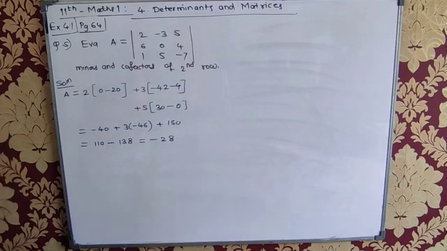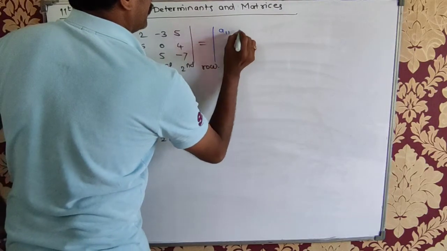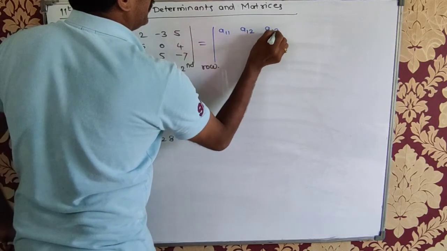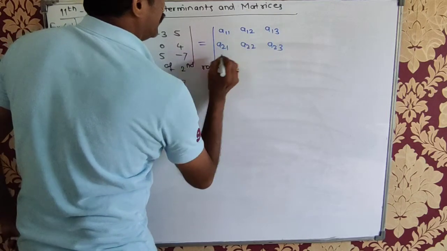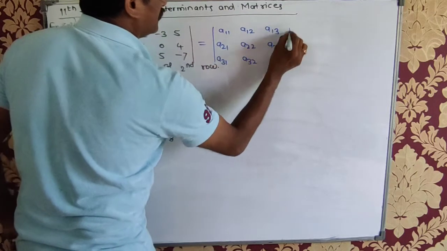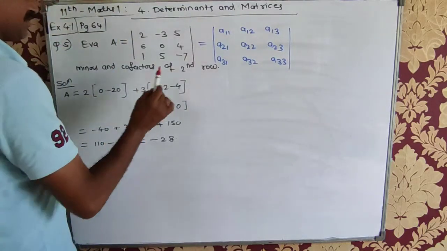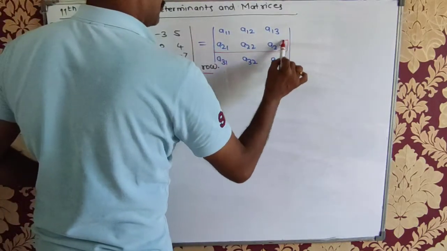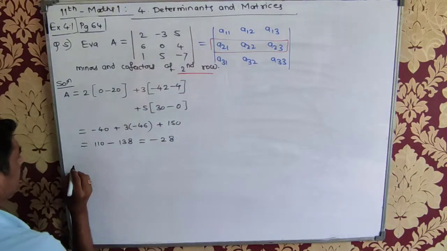Now I will compare this with, I'll write this as A11, A12, A13, A21, A22, A23, A31, A32 and A33. I want the minors and cofactors of the elements in the second row, मतलब this. Okay? तो इसका माइनर क्या कहलाएगा?